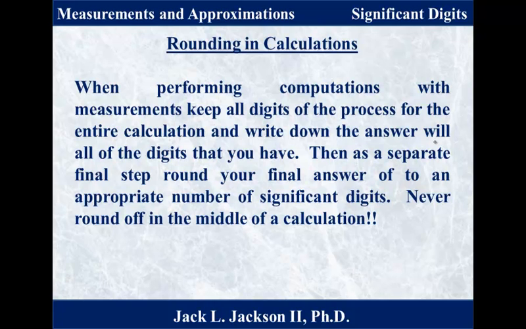Write that answer down with all the digits you have, and then as a separate final step, decide where you need to round off your final answer to the appropriate number of significant digits or the appropriate precision, and round that off. Never round off in the middle of a calculation. This can very easily get you an incorrect answer.